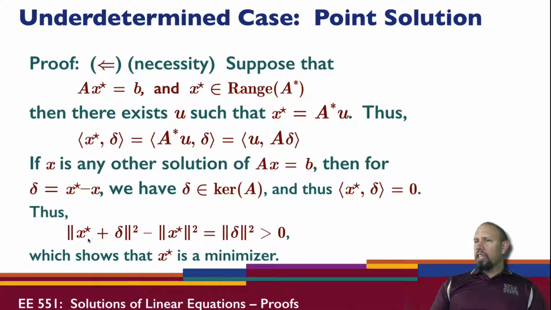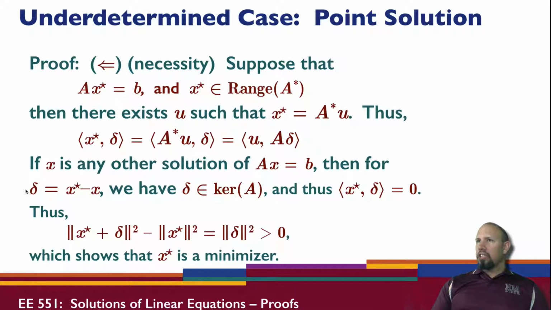And so when I look at the difference in the norm of x star plus delta squared, I can go through and show this equation. So this is a version of that corollary. And I can show that the difference in norms between these two is equal to the norm of delta squared, which is greater than 0.